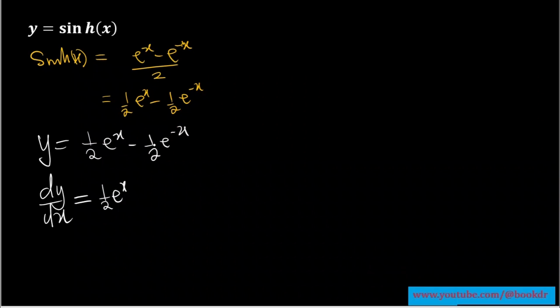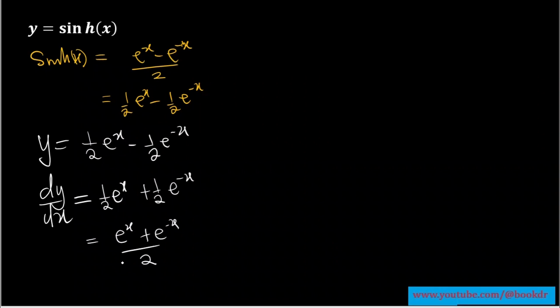I will multiply it by the coefficient here, to give us positive half. Then we differentiate the whole e power negative x, and it will be the same thing. So simplifying this expression, we are going to get e power x plus e power negative x all over 2.